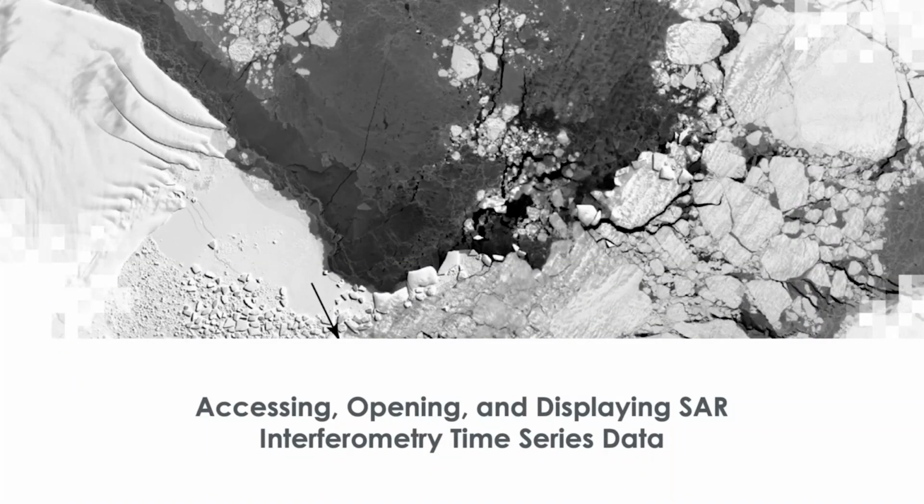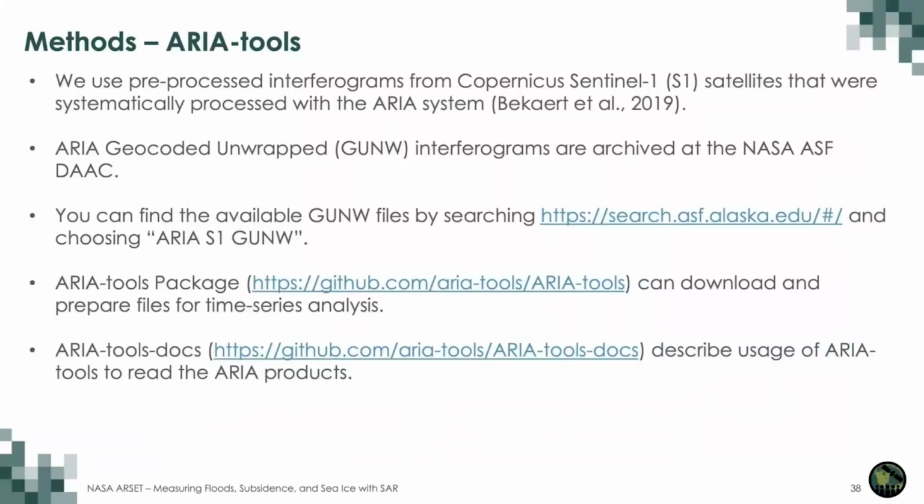I'm going to give a demonstration now. We're going to be using data from the pre-processed interferograms from the Sentinel-1 satellite. That's been systematically processed by the ARIA project under the Getting Ready for NISAR system.